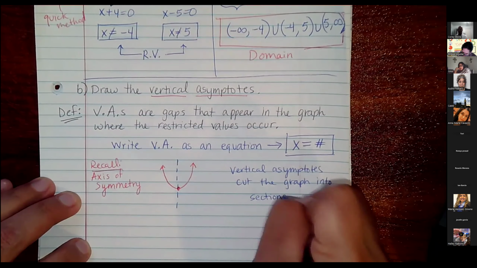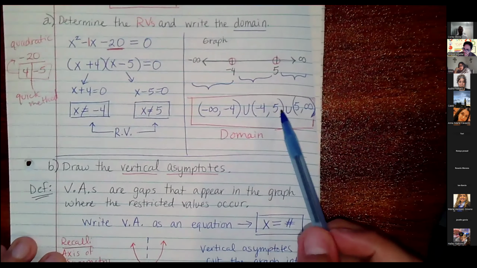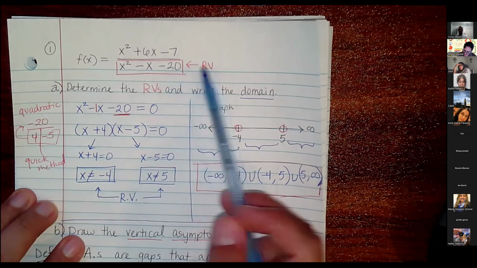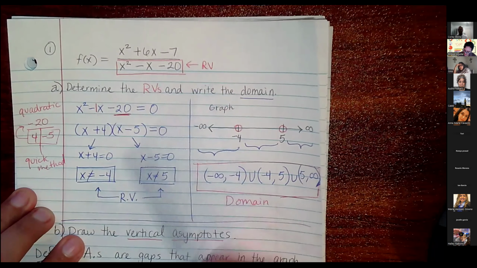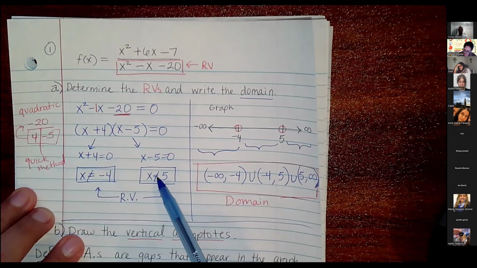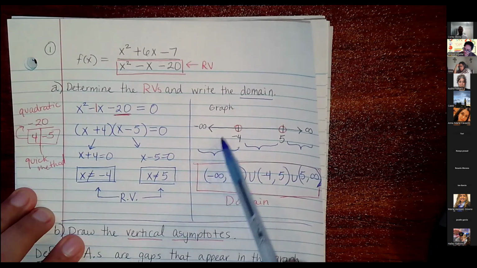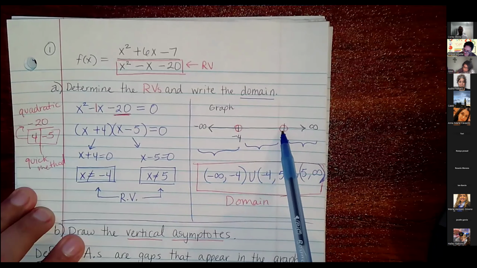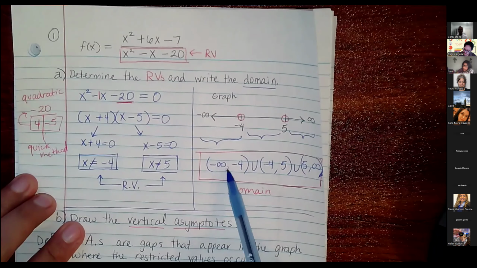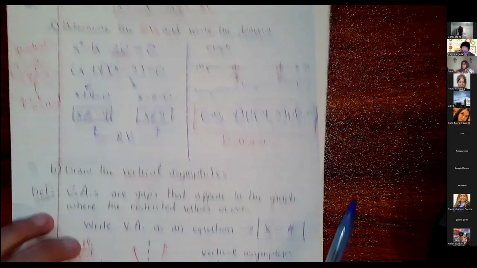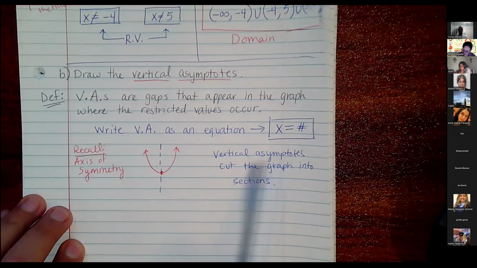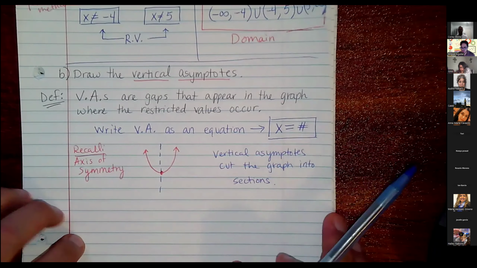Okay, similar to what we talked about up here for the domain, right? So like this equation that we're looking at, this function, when we asked what's the restricted value, we found two restricted values. So that means that when we found the domain had two cuts that we had to make to the number line, which left us with three pieces. So when we start graphing these functions, the vertical asymptote, since we have two of them, is going to cut the graph into sections.